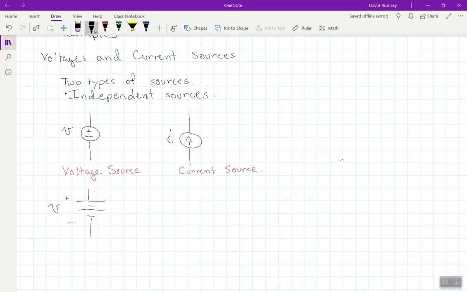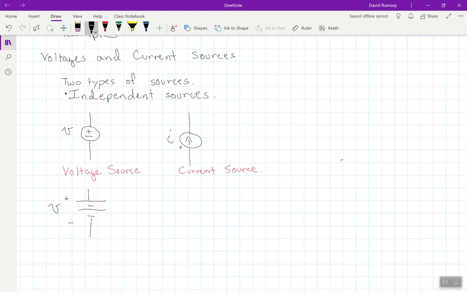Some companies might have policies or procedures for how they operate. In other words, they might operate with the understanding that this symbol here is always referred to as a battery, and this symbol might be referred to as, for instance, instead of a battery, maybe a benchtop DC supply or even an outlet.